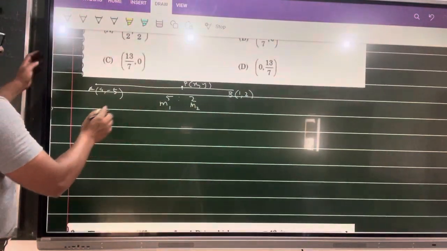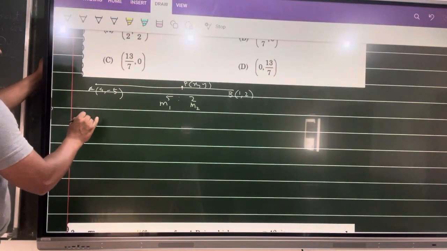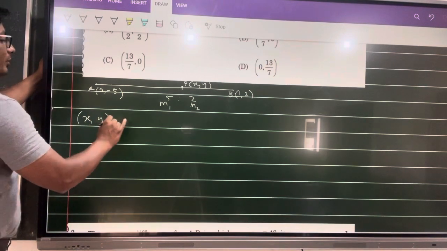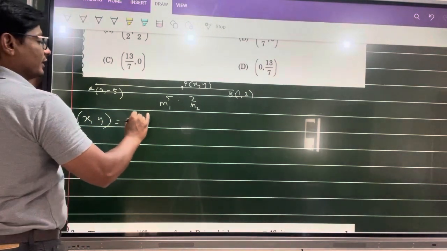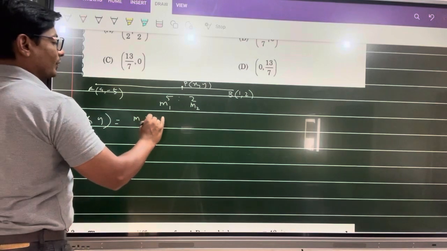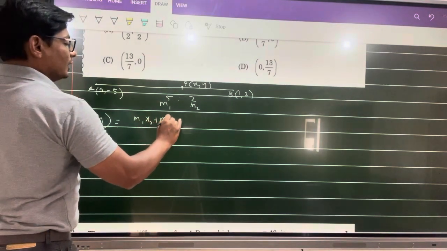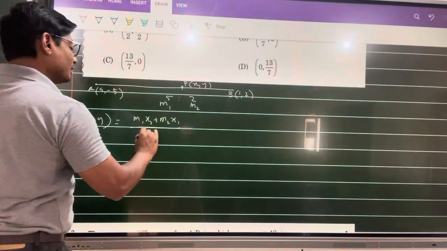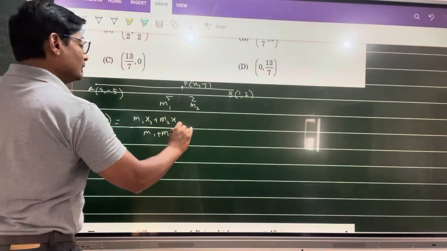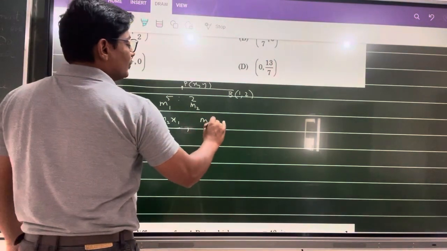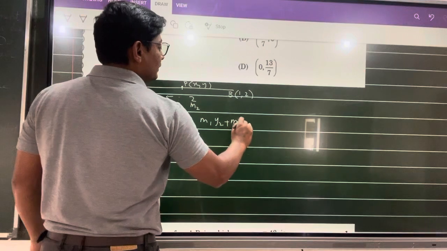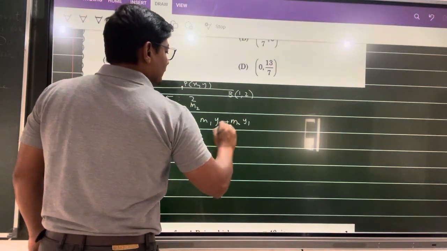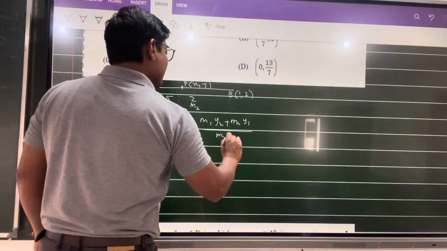So we know from the section formula the coordinates of the point P are given by x comma y equals to m1 x2 plus m2 x1 divided by m1 plus m2 comma m1 y2 plus m2 y1 divided by m1 plus m2.